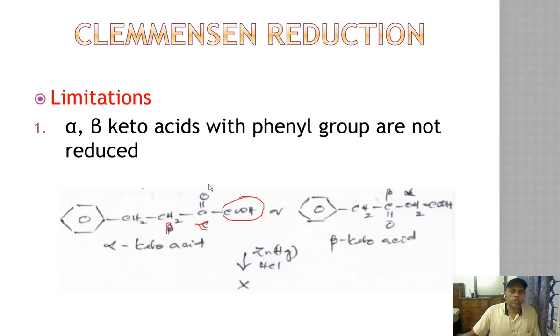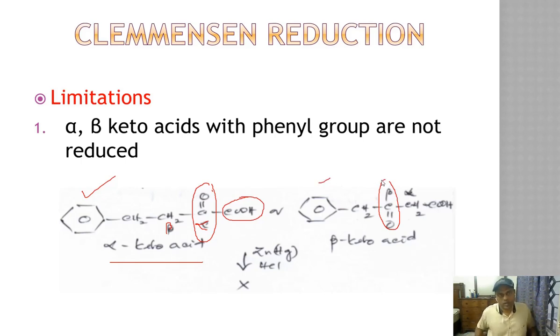So this is alpha keto acid, right, with the phenyl ring. So such keto acids or alpha keto acids cannot be converted. You cannot reduce them. Also beta keto acid. Beta keto acid with the phenyl ring, you cannot reduce that using the Clemmensen reduction reaction. So this is about the Clemmensen reduction reaction.